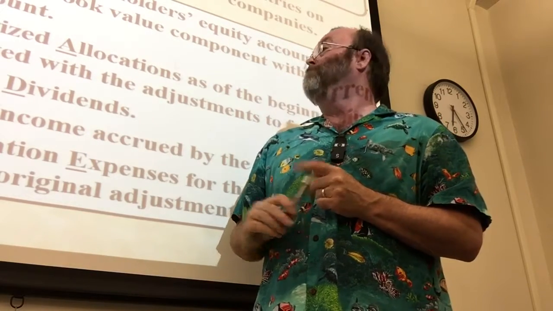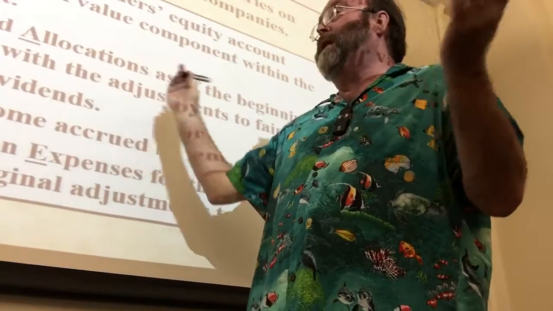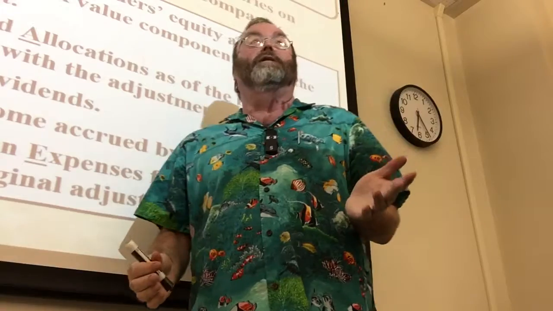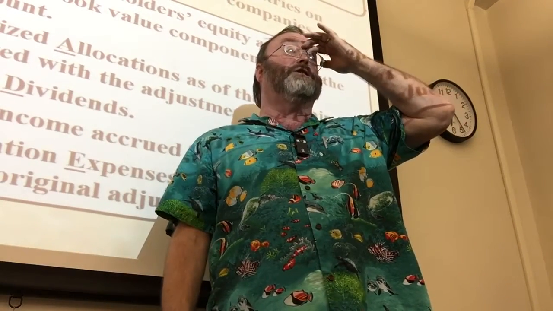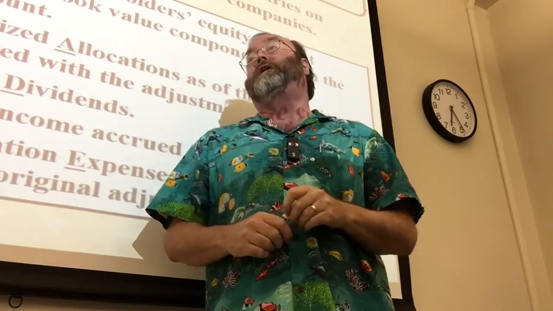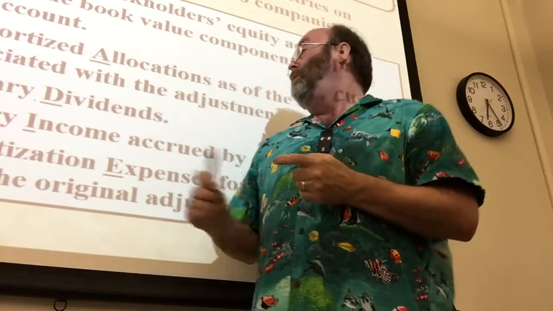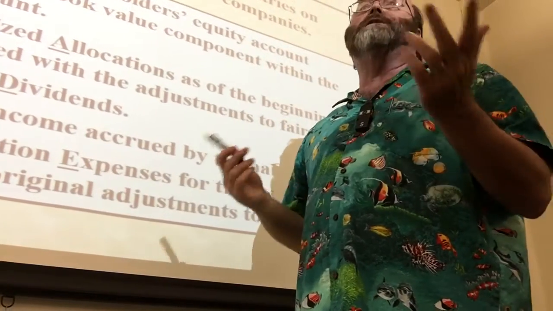Okay? All right. The D entry is to eliminate the dividends. Because it doesn't make any sense to pay dividends to yourself if you're consolidating into one single set of financial statements. All right? Eliminate the income.